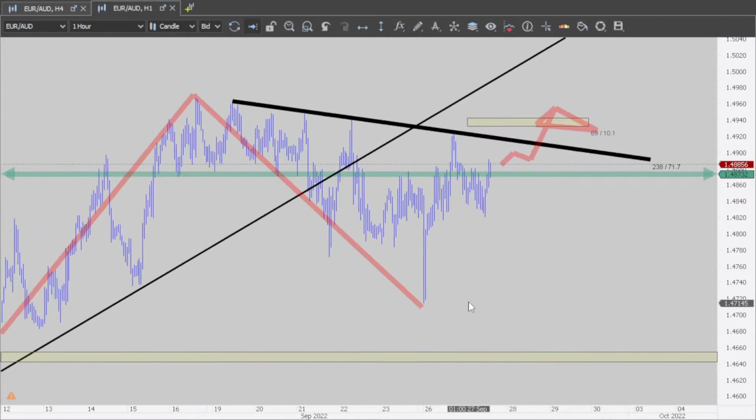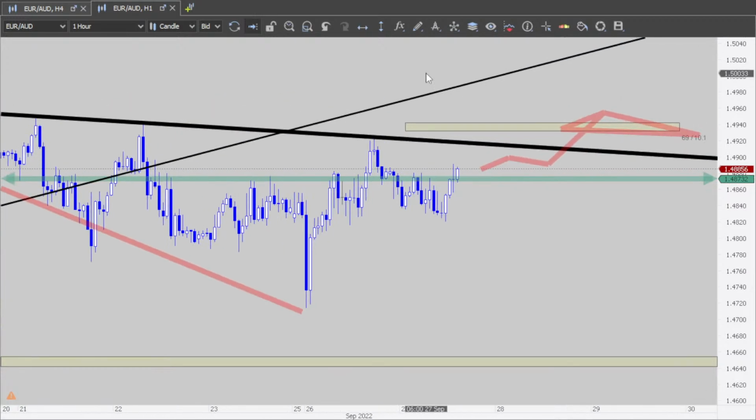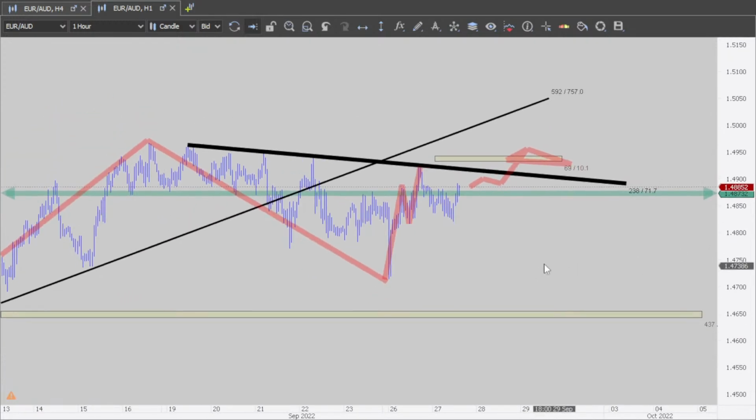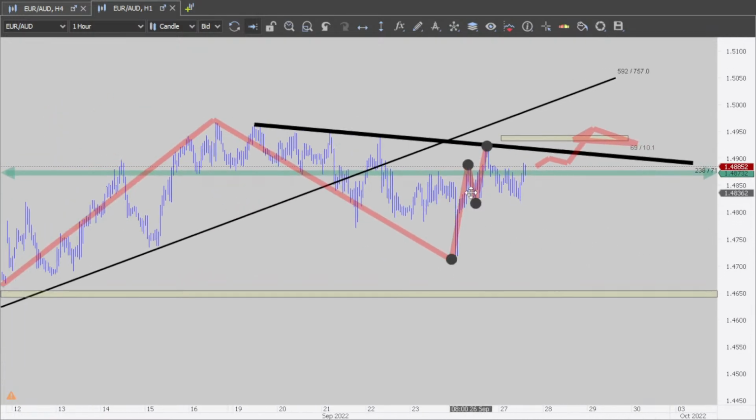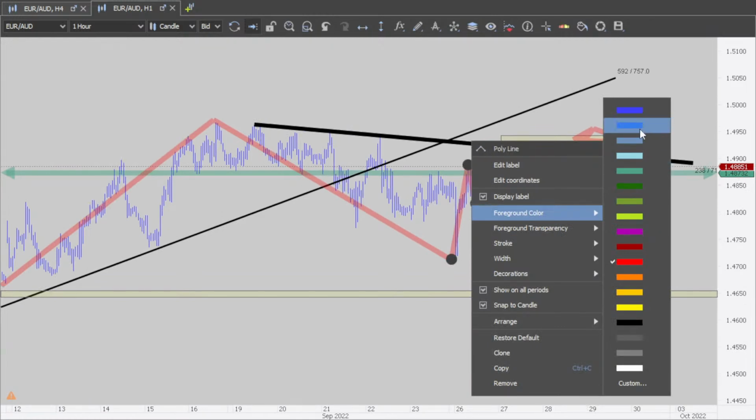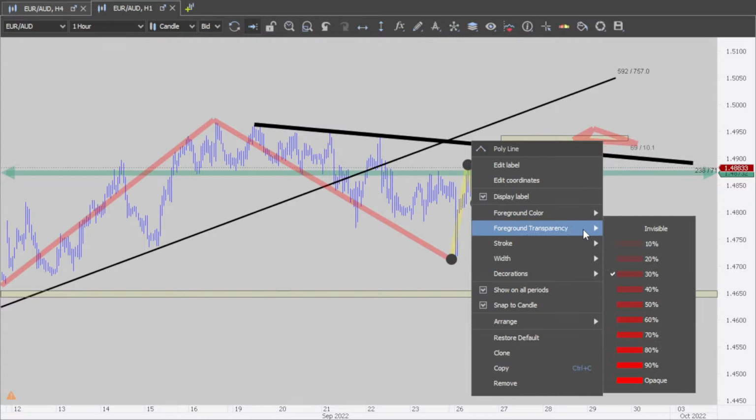This would be one, or I am trading this one high, low to high, high to low, low to high. And I'm going to do the same, with the difference that I'm going to trade the short-term trend, the yellow line.